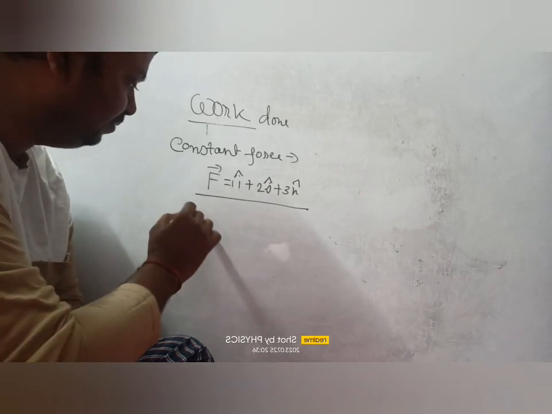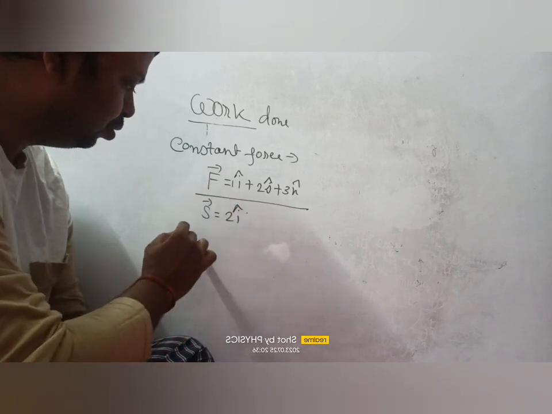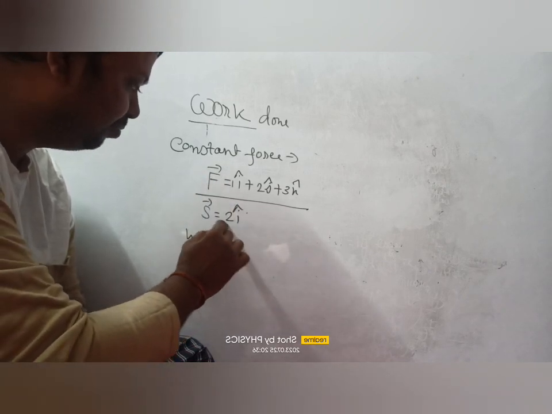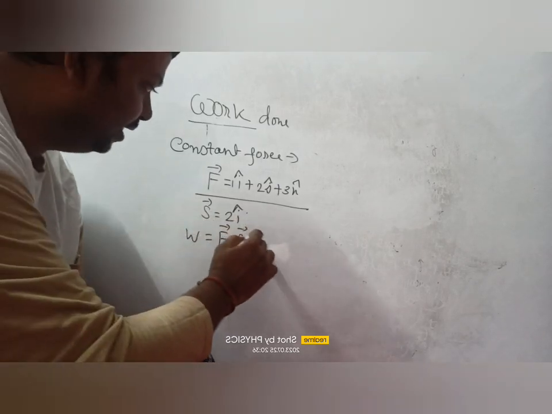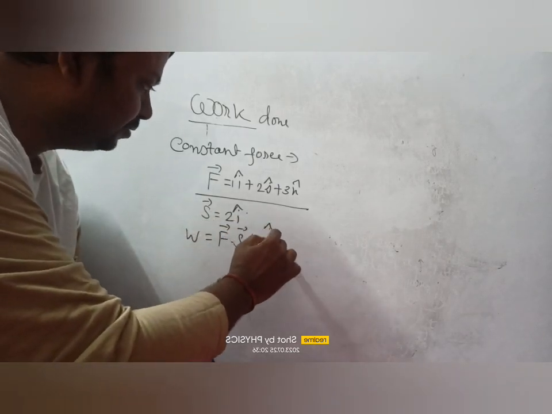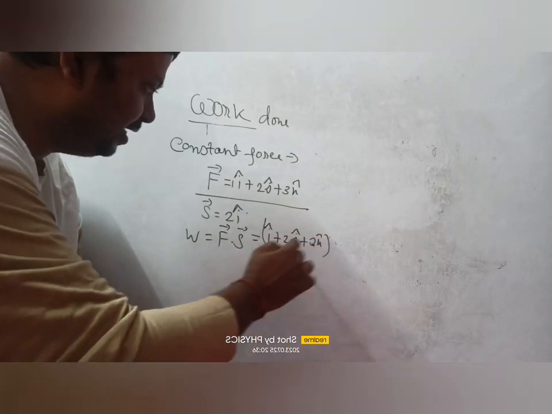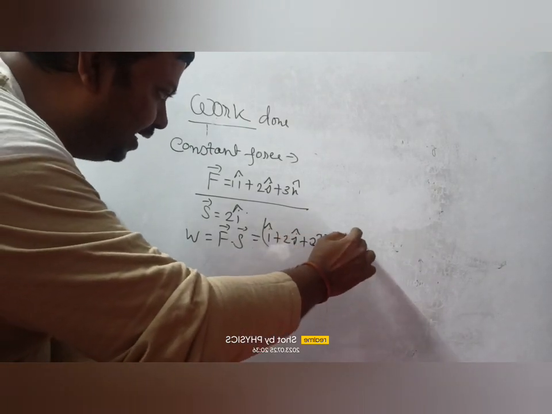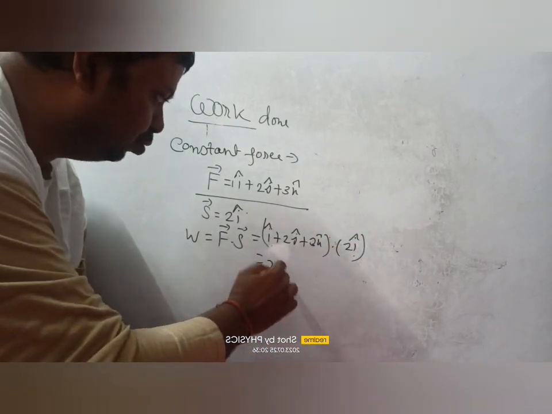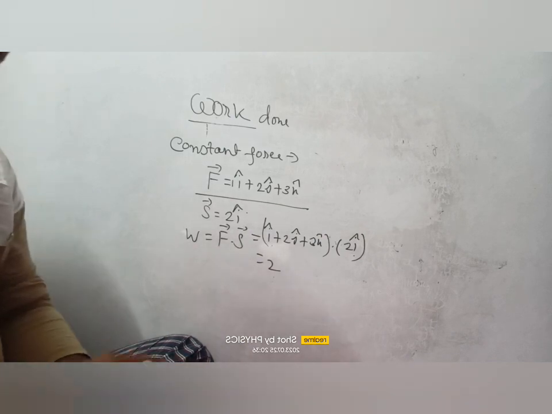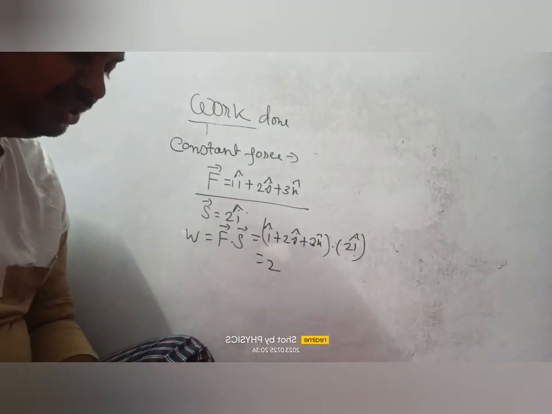So work done, if s is equal to 2 i hat, work done is equal to F dot s for the constant force, that is equal to i hat plus 2 j hat plus 3 k hat dot 2 i hat. So i hat dot i hat is 1, we get 2, and the other components are 0 because there is no j hat and k hat in the displacement.